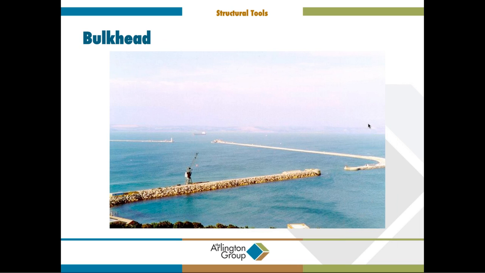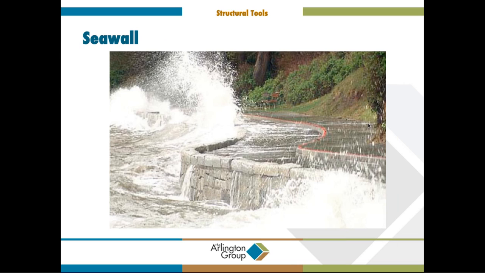Bulkheads, more offshore approaches, dissipating the energy before it comes in. Seawall: here's an interesting picture of the Stanley Park Seawall in Vancouver, which was taken at a very strong storm event almost exactly a year ago.